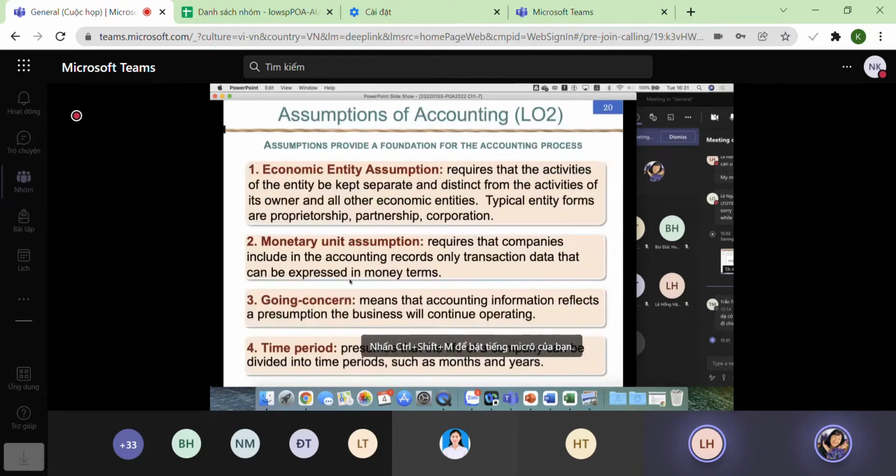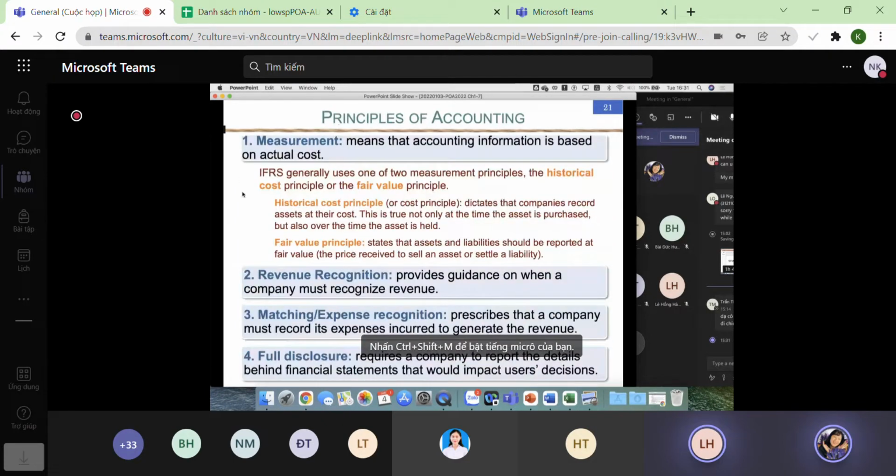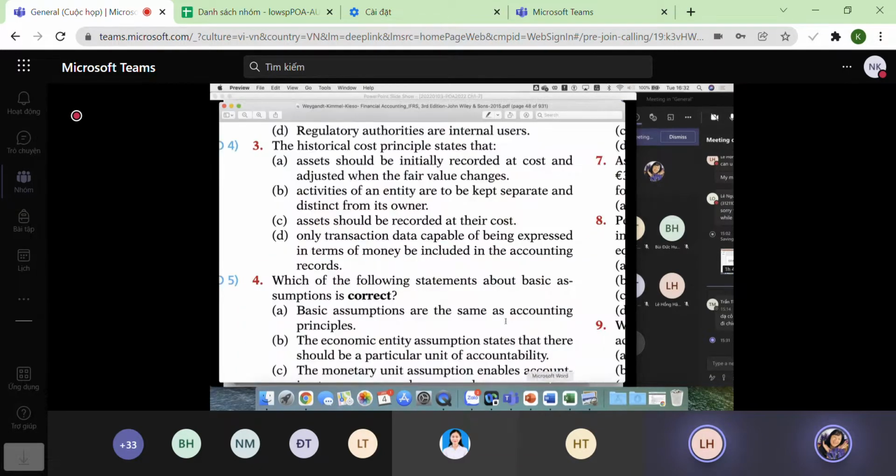What is historical cost here? For the information on historical cost and fair value, we can consider slide number 21, to know what is historical cost and what is fair value. So to answer this question, we need to read more of the slides and also the textbook.